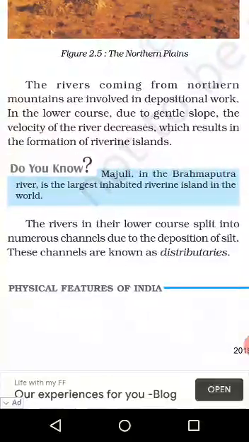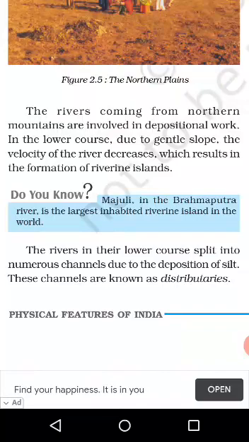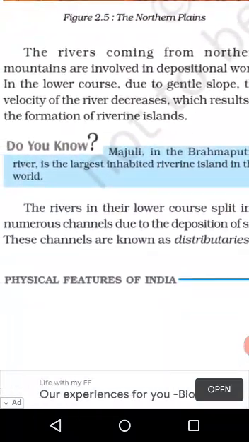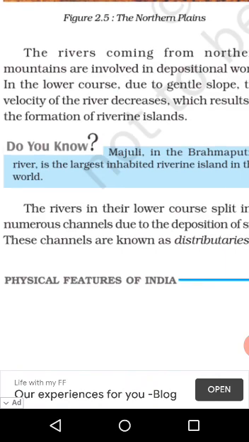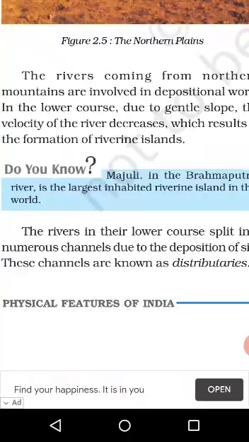Do you know, Majuli in the Brahmaputra river is the largest inhabited riverine island in the world.